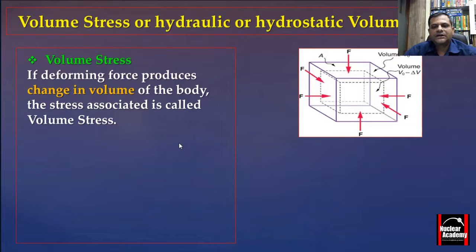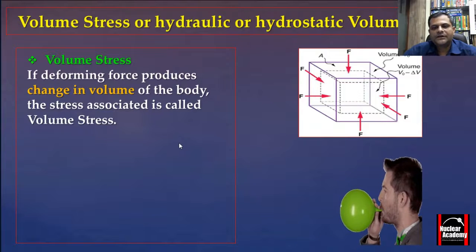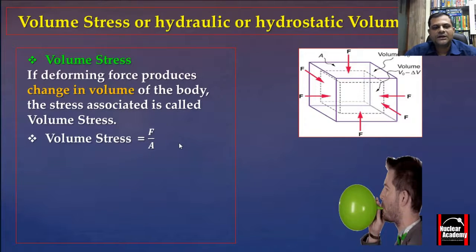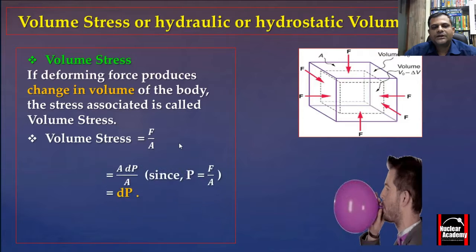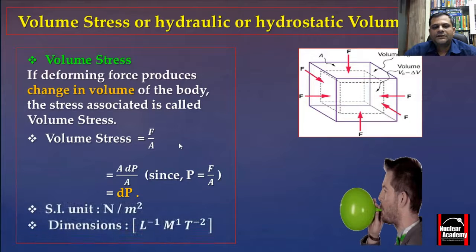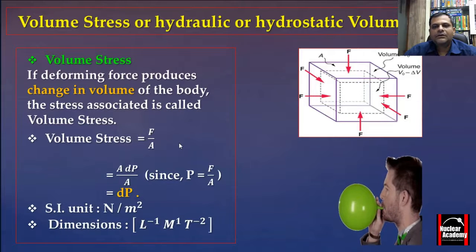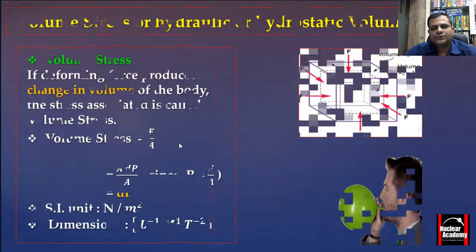Here we can see in the diagram, the block is compressed from all the sides, and that's why it's called a volume stress, which is defined as the force per unit area, which is actually equal to the change in pressure, that is dP. It can also be expansive or compressive, and it has the same units as that of stress, that is Newton per meter square, and dimensions are also as expected, L^-1 M^1 T^-2.